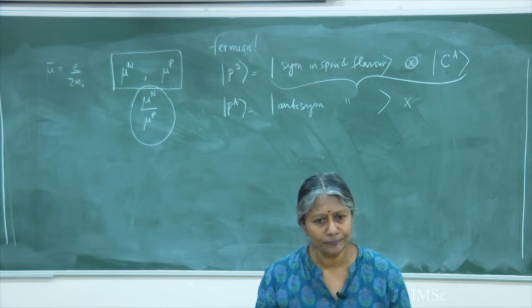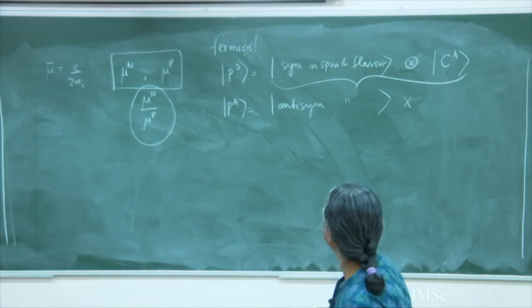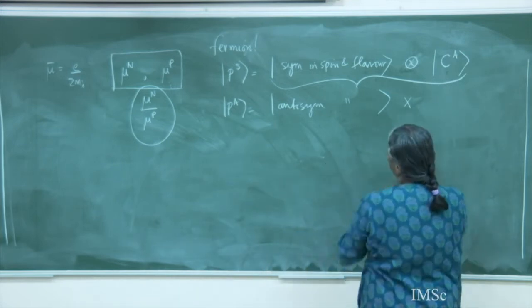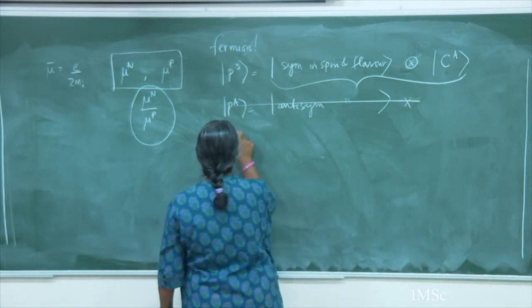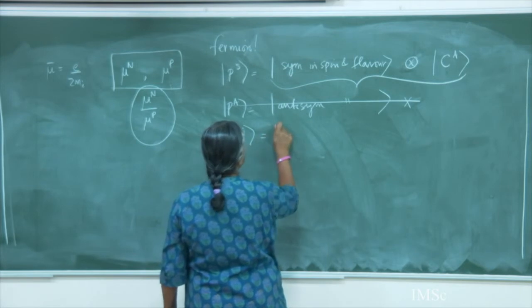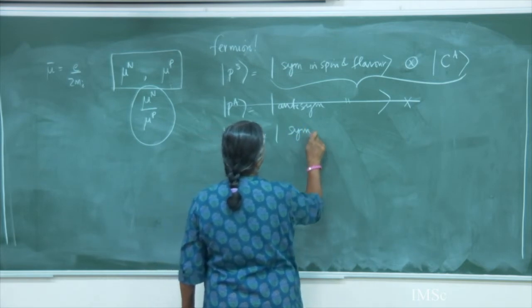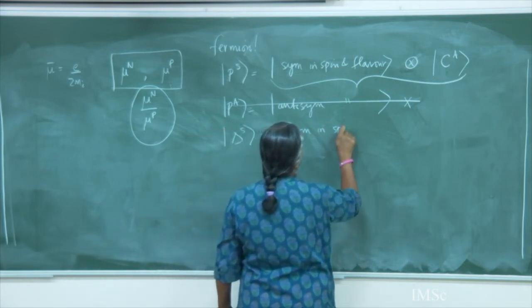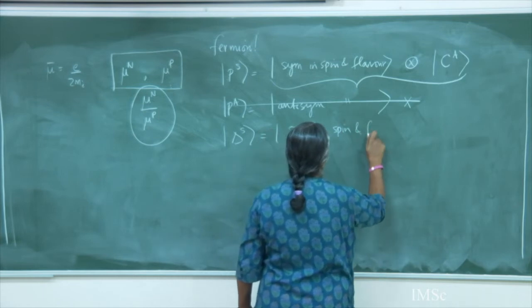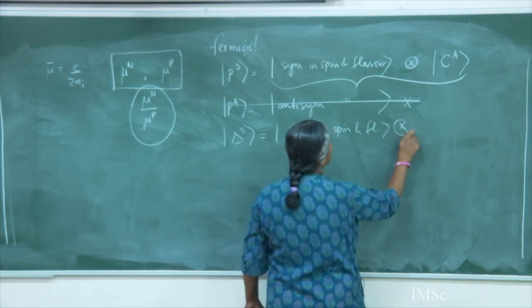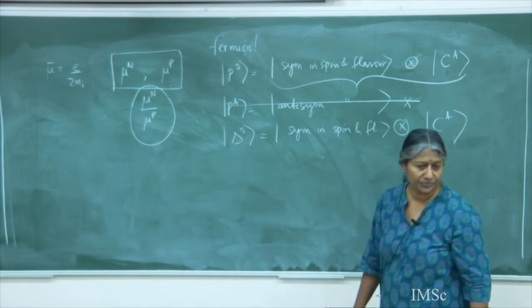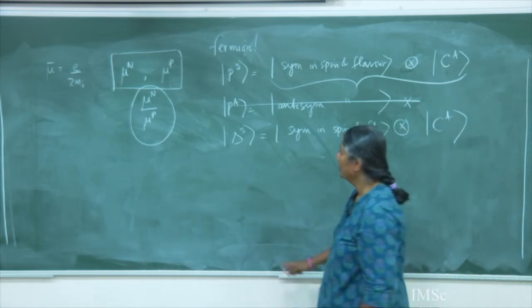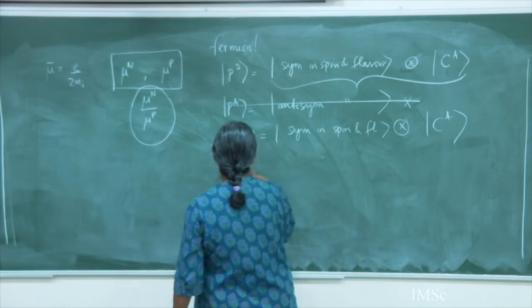Is it clear? This is completely in analogy with the delta part of the wave function, which was also completely symmetric in spin and flavor, and therefore also needed a color antisymmetric part. Is it clear? And I wrote down for you an omega also, right?